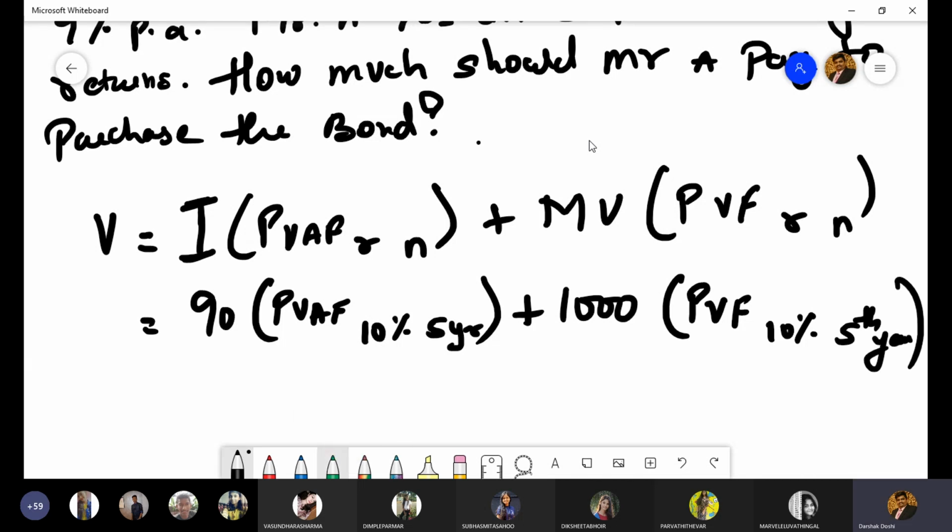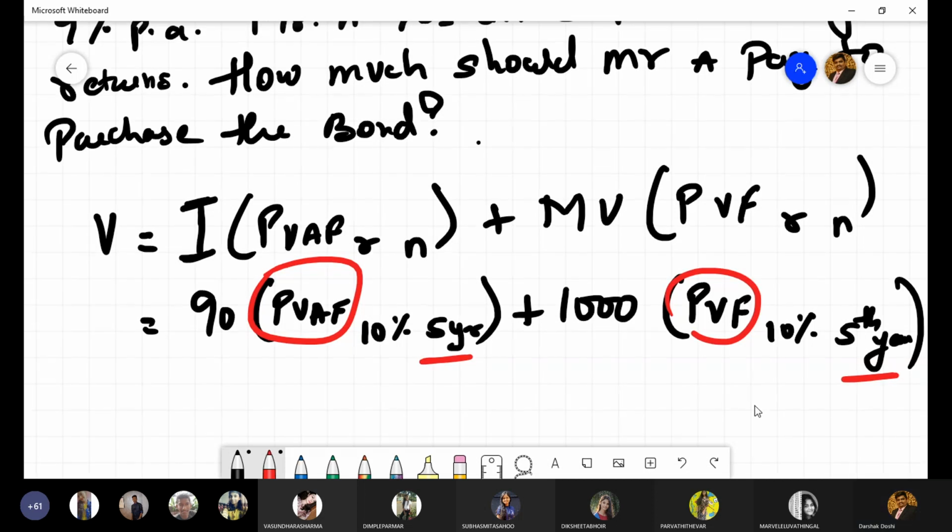Okay, if you see over here, this I have written as for 5 years and here I have written as 5th year, because it is present value factor and here it is present value annuity factor. Annuity factor is nothing but the total of all the factors for that period, and present value factor is of that particular year.